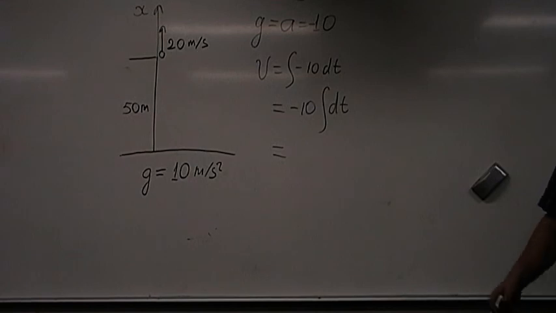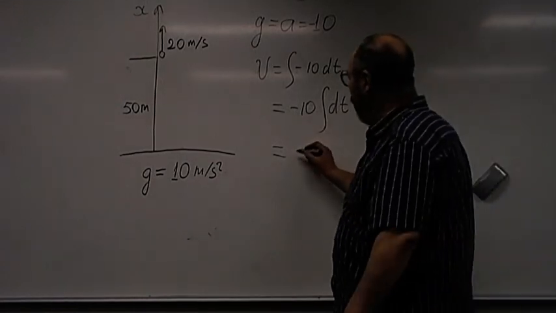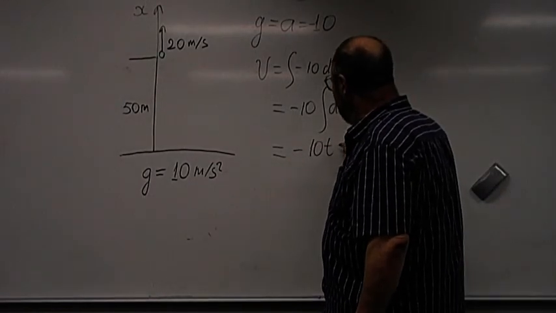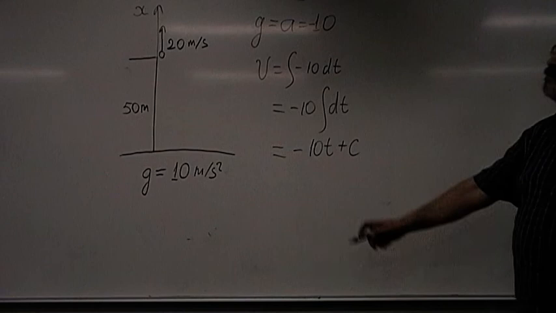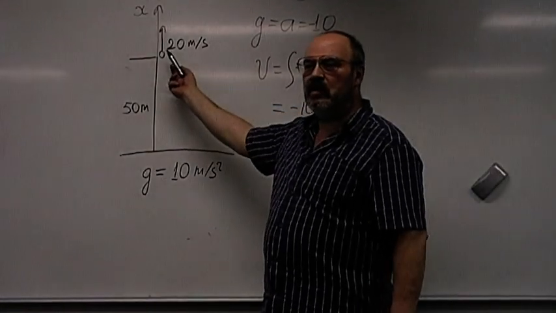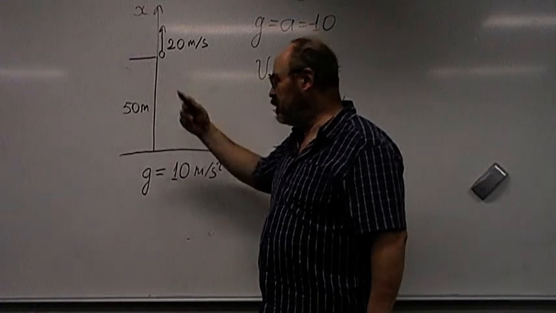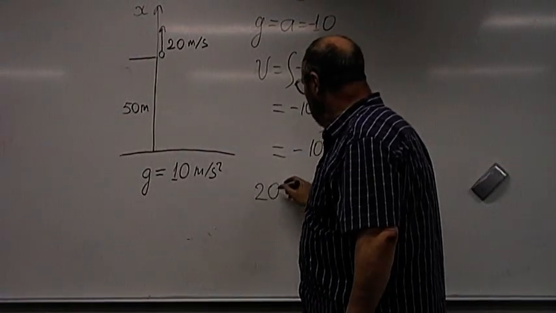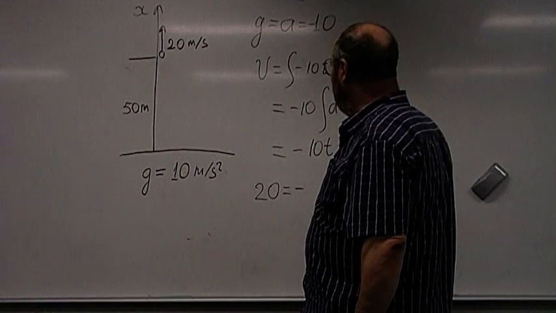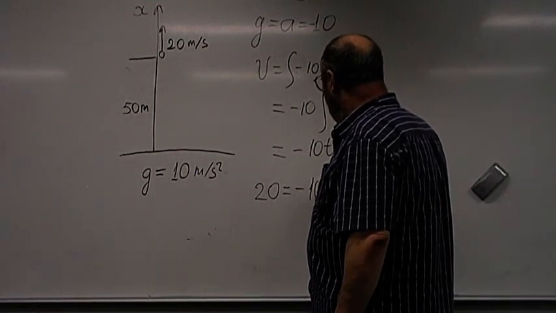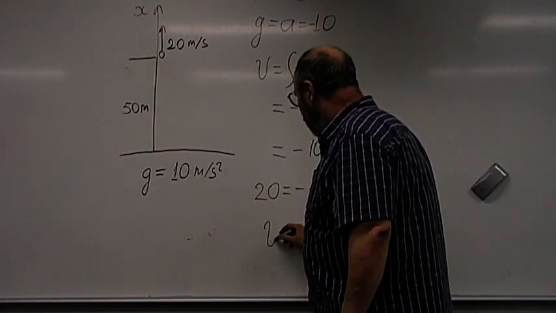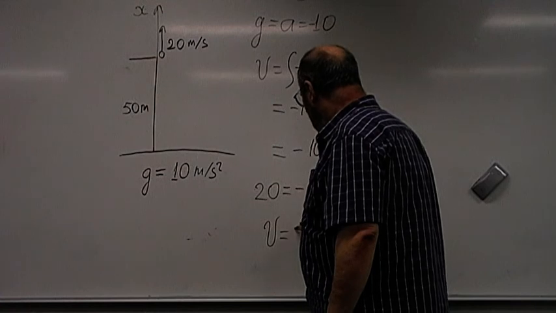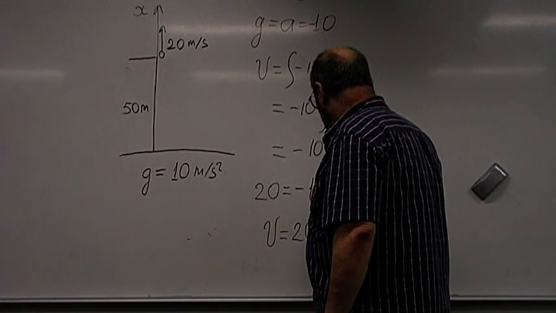If it were dx it would be x, since it's dt it will be t. So you get minus 10t plus c. How can we find c? We use that at time equal 0, velocity is 20. So 20 equals negative 10 times 0 plus c, so c equals 20. So we have the expression for velocity: 20 minus 10t.